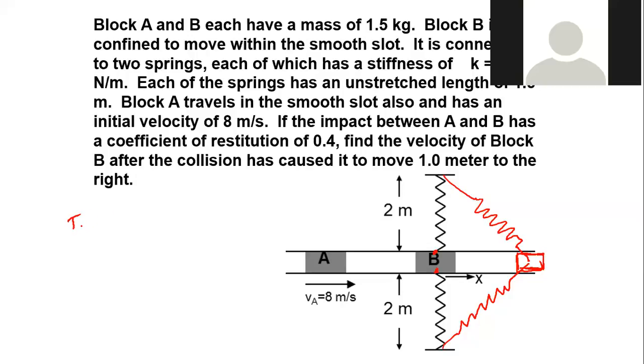I just do T2 plus VG2 plus VE2 plus U1, going from 2 to 3 prime, is equal to T3 plus VG3 plus VE3, right? And the VG is 0 because I don't have a slope. Did I have any friction here? I don't think so. Right. So T2 would be 0, right?